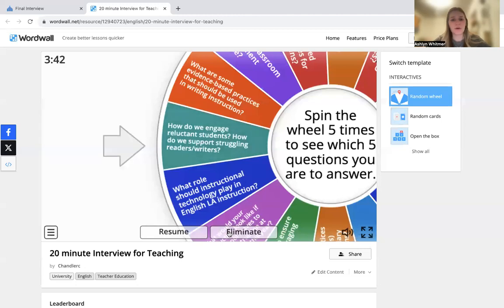And then supporting struggling readers and writers goes a little bit deeper, because we as teachers need to be providing those accommodations for students that need that extra support. It's really important for them to have those tools for success. A lot of times that can mean maybe they have a structure for a writing assignment, whereas other students already know how to do that.